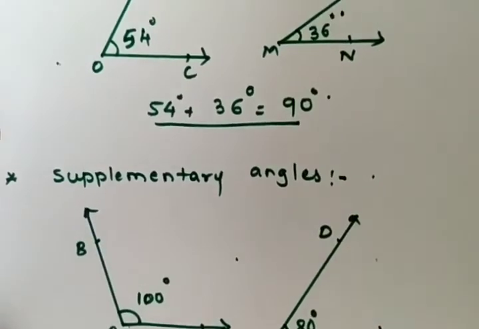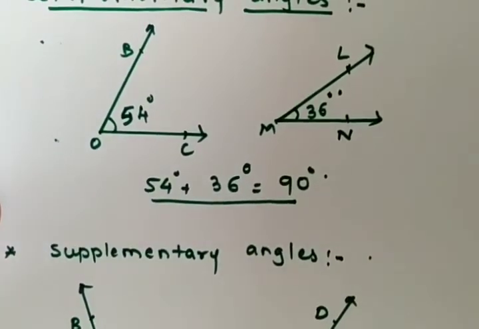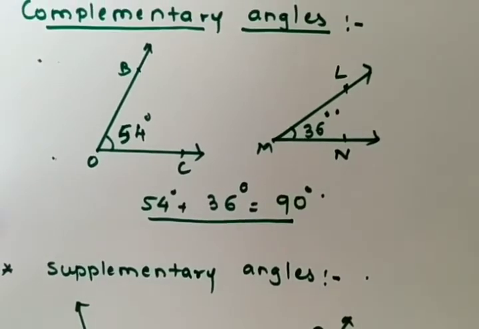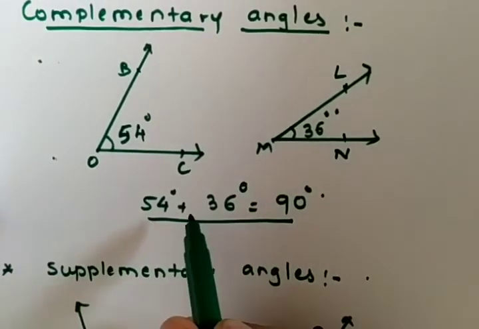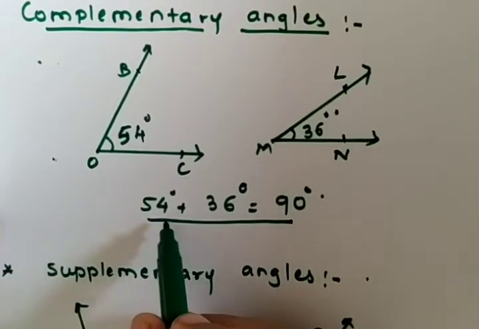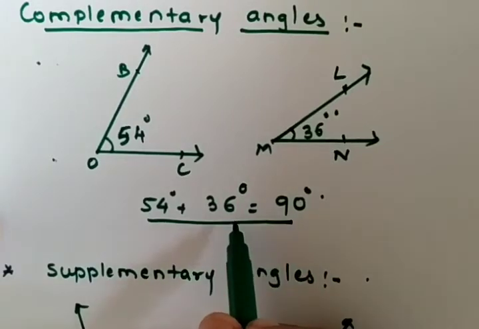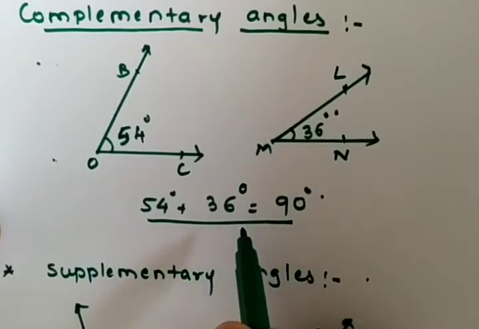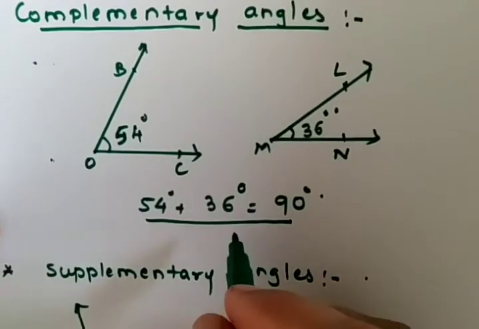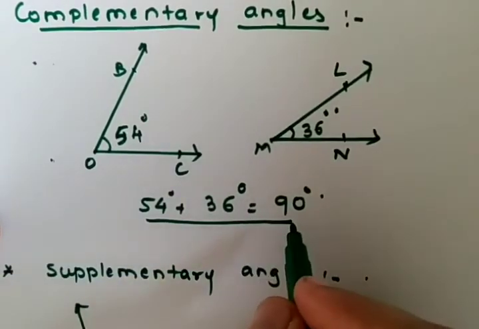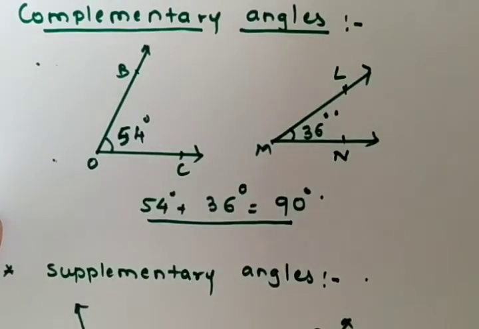So remember, if we are talking about complementary angles, how do we find the complement of a given angle? Angle plus complement angle is equal to 90 degrees. So if you are going to find the complement of an angle, you subtract the given angle from 90 degrees, right?